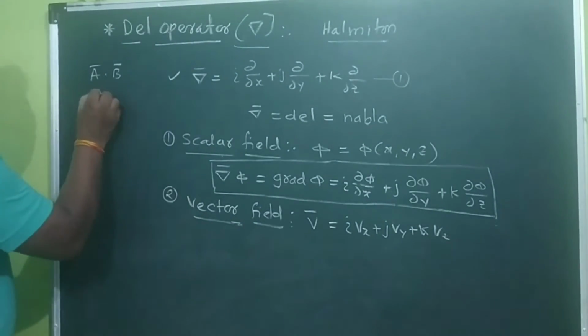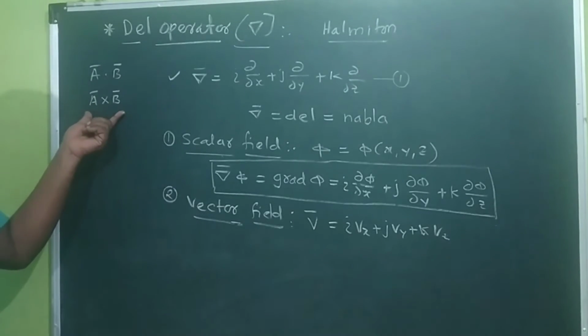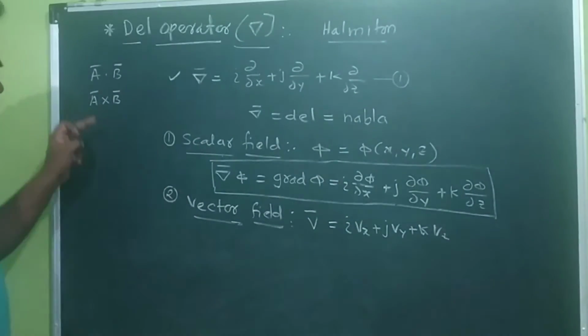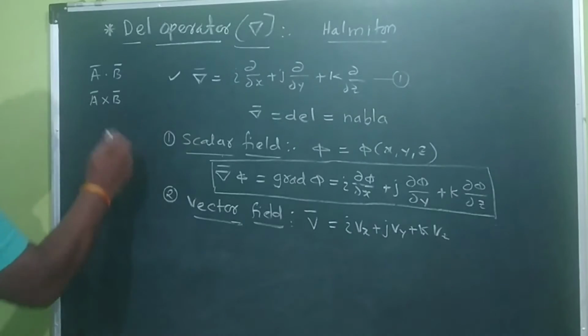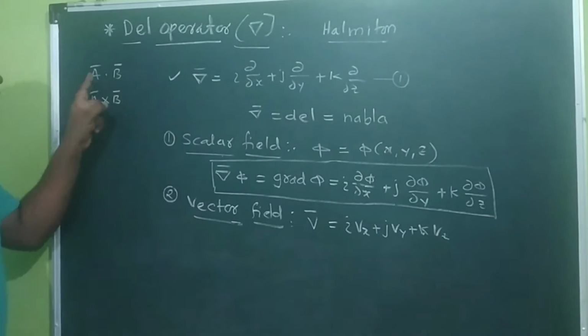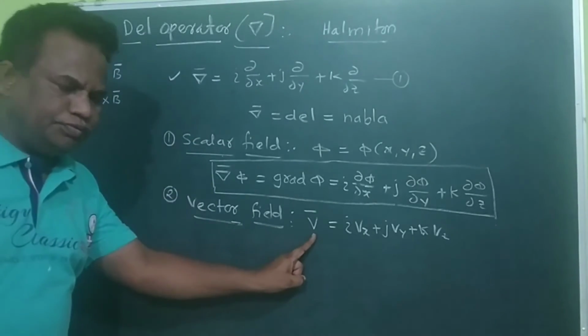Another is A bar cross B bar, the cross product, and its value gives rise to a vector quantity. Similarly, instead of A we are going to use del, and instead of B we are going to use V bar.